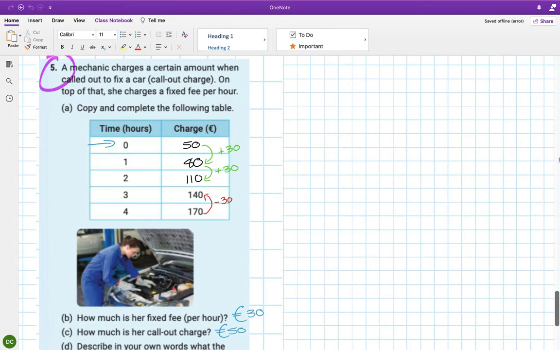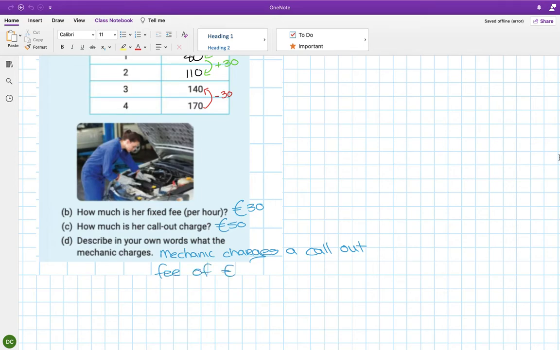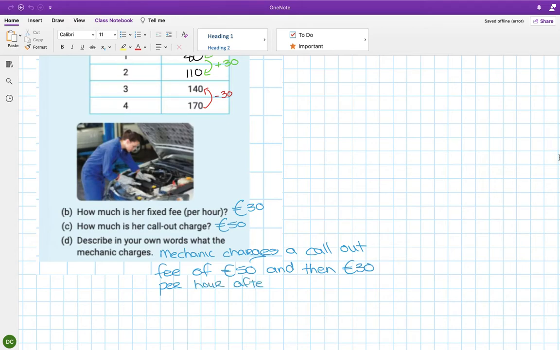And describe in your own words what the mechanic charges. Okay, so the mechanic charges a call-out fee of 50 euro and then 30 euro per hour after that.